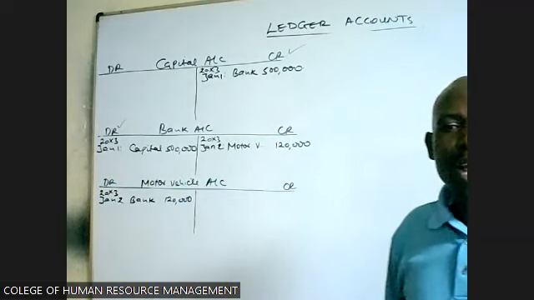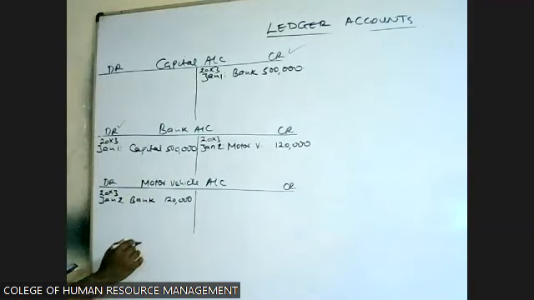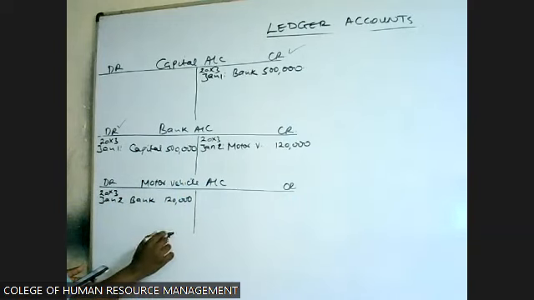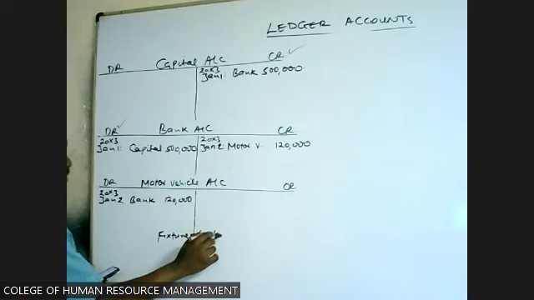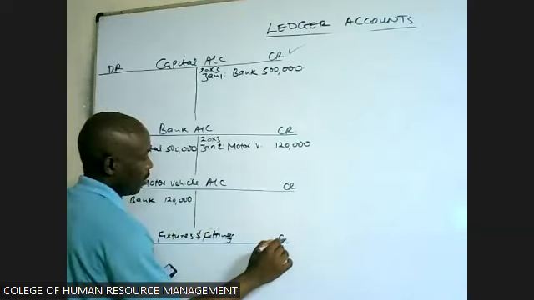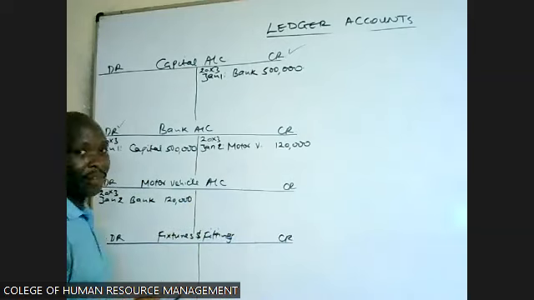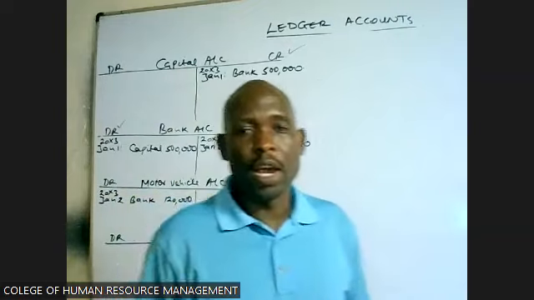Here, you open an account for fixtures and fittings. What you need to remember, all the fixed assets will have their own account.